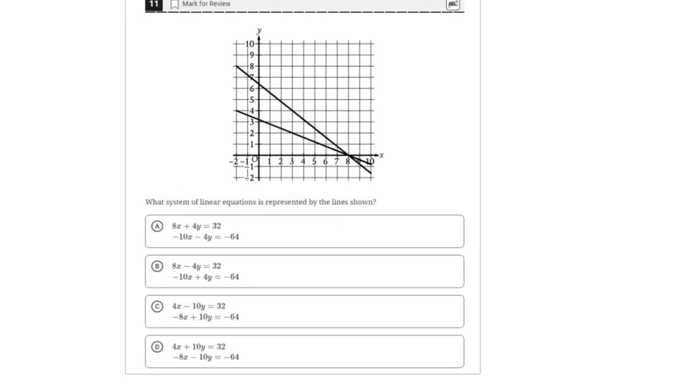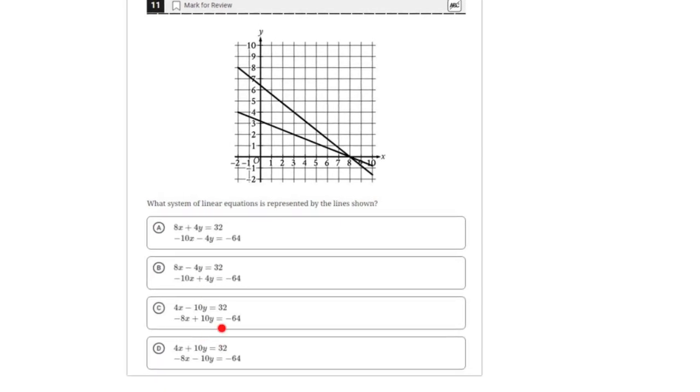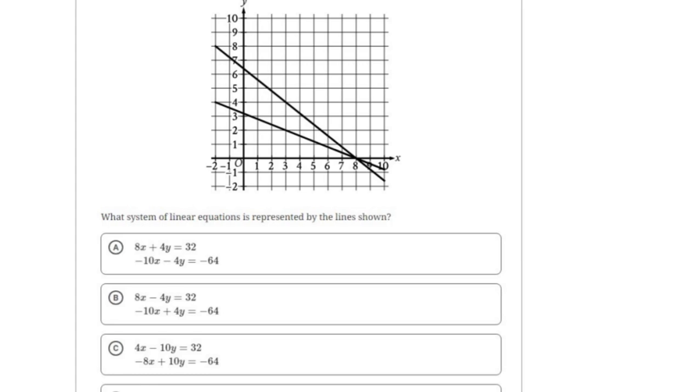Well, I mean, you could throw all of these into Desmos and find which ones would look like that. I'm thinking, though, that would be a little tedious in my opinion.